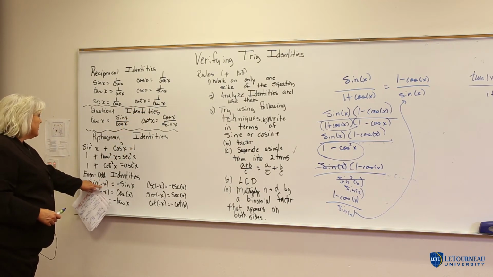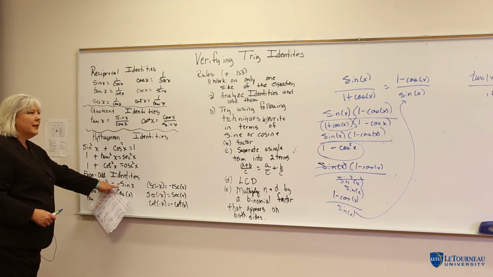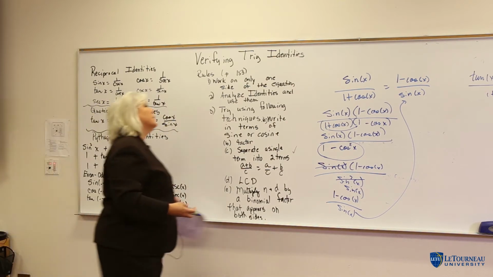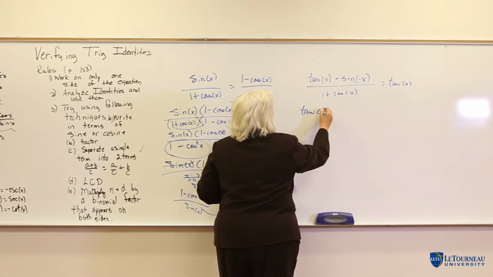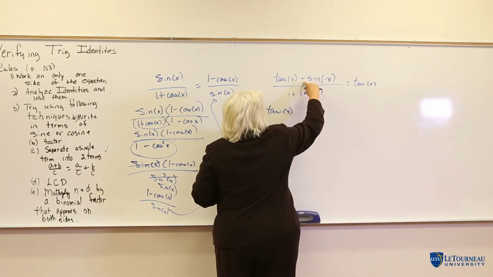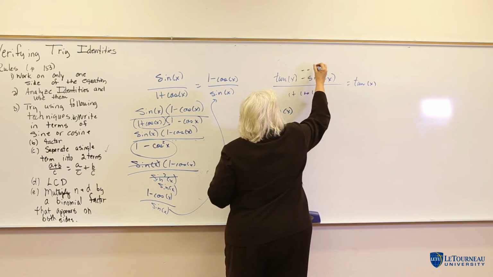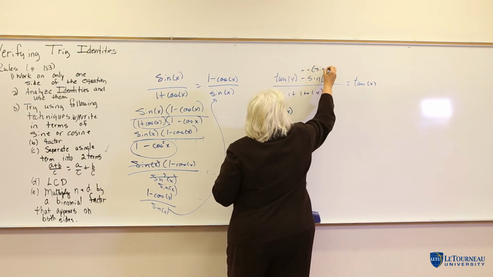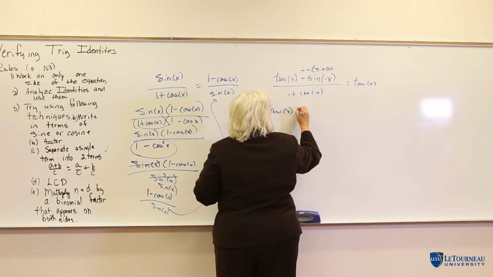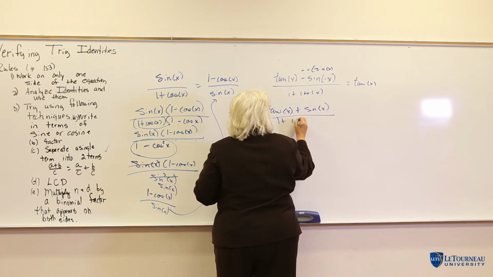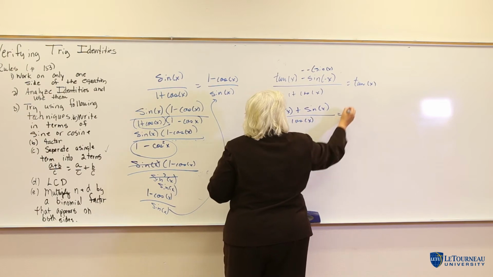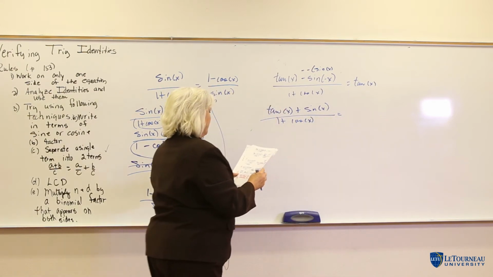You don't want to leave it this way, so this becomes a negative sine x. That's what we're going to do at the top there. So this becomes tan x, and this negative makes it come out negative here, so you end up with that, which makes it positive. And what I want it to be is tan x when I get done.